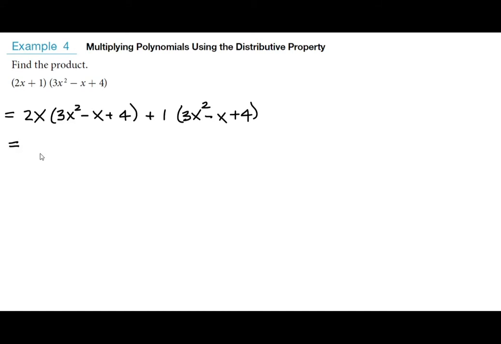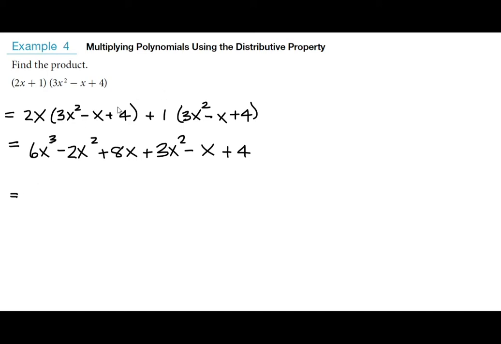So that gives us 6x cubed minus 2x squared plus 8x plus 3x squared minus x plus 4. And now we need to combine like terms.